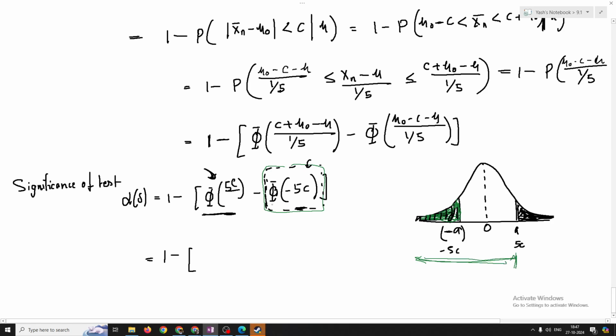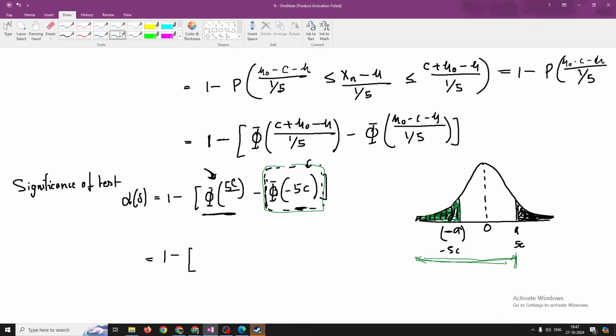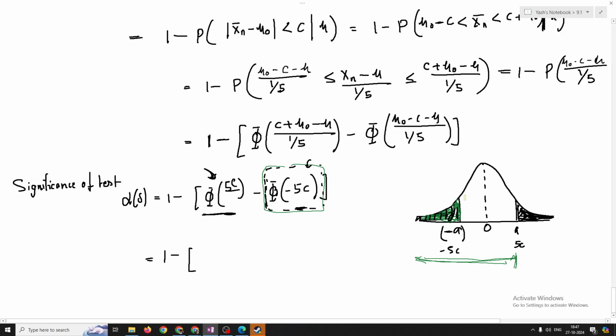So when we subtract that, essentially what we want is the area in between. So we want this area. So these two things together essentially translate to this yellow area.